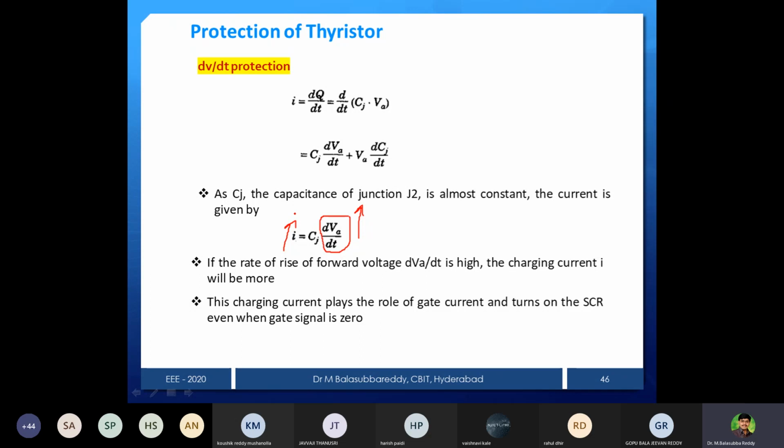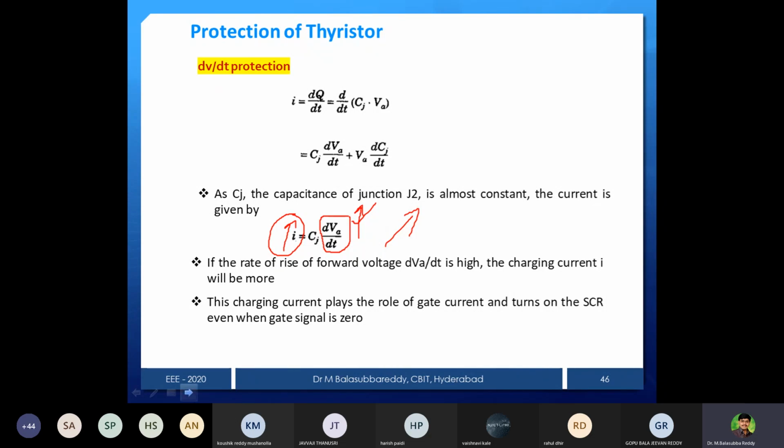Because of this current, which is across the junction J2 only, as the voltage rises, automatically the current will rise, and then the device is going to be triggered. But is it our requirement to trigger at that instant? No. When you want to fire the device, that is all about your control.